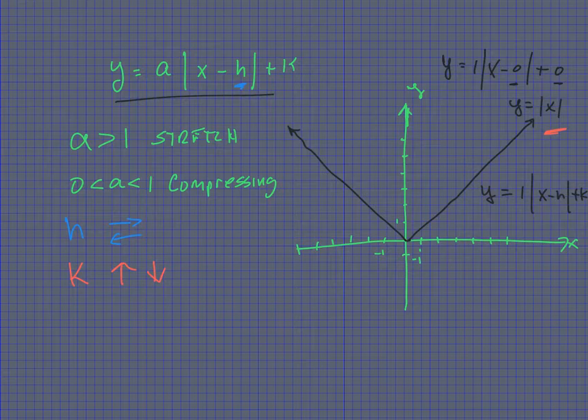So if I have a new function of y equals the absolute value of x minus 2 plus 1, well, I know that my horizontal shift moved 2 positive. So my origin went from 0, 0 to an x value of 2, and then my y value went up 1, so my new origin is going to be 2, 1.